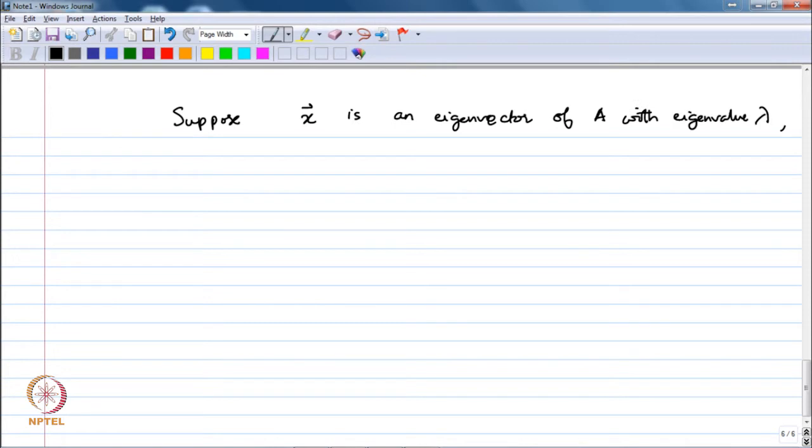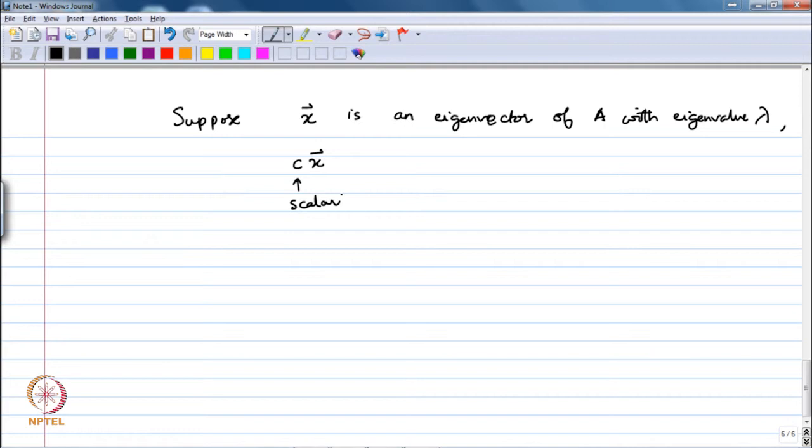Okay, it's important that each vector is connected with an eigenvalue, or each eigenvalue is connected with an eigenvector. Okay, so X is an eigenvector of matrix A with eigenvalue lambda. Okay. Now suppose I take C times X, where C is a scalar. Okay.